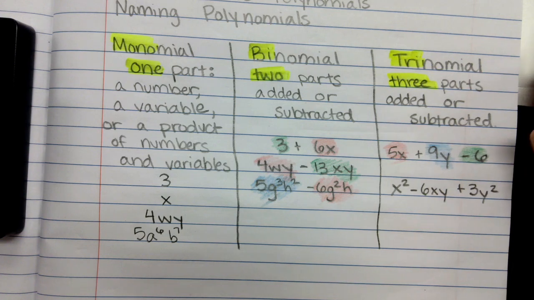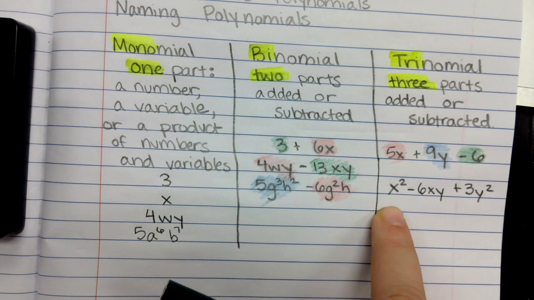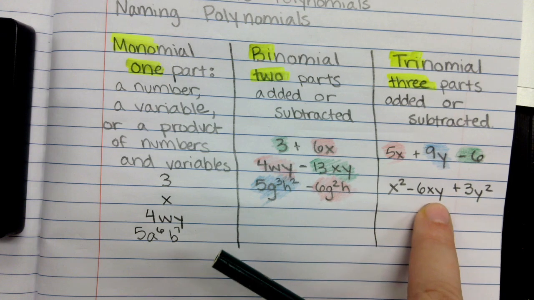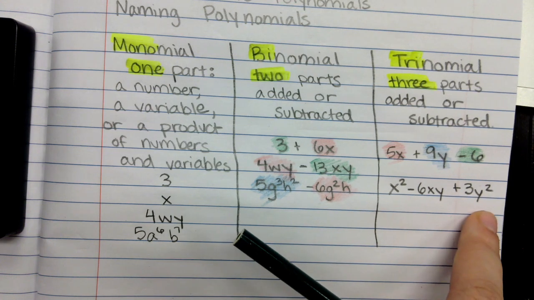Alright, and poly usually means many. So in this case, we're going to do 1 added or subtracted.